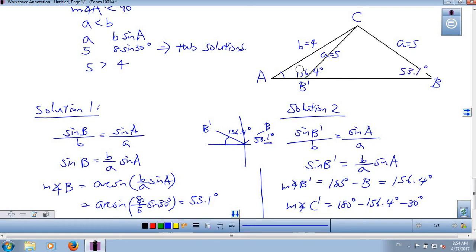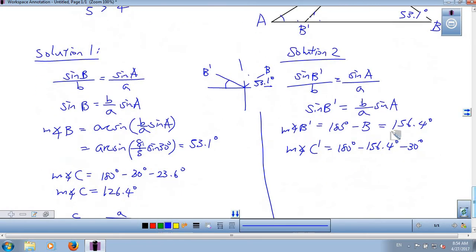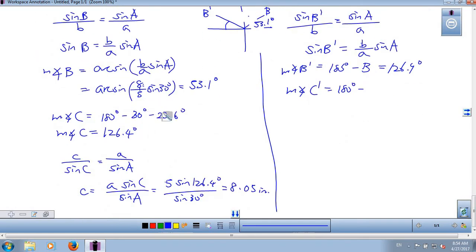So angle B prime will be 180 minus 53.1. So it's 126.9 degrees. Okay. So I have to correct all this as well.